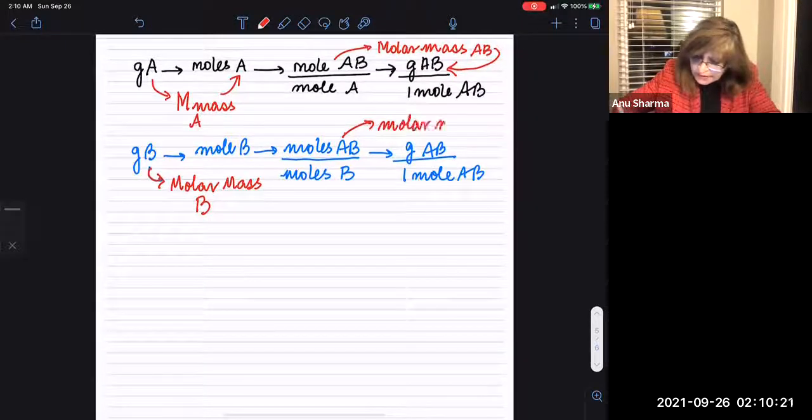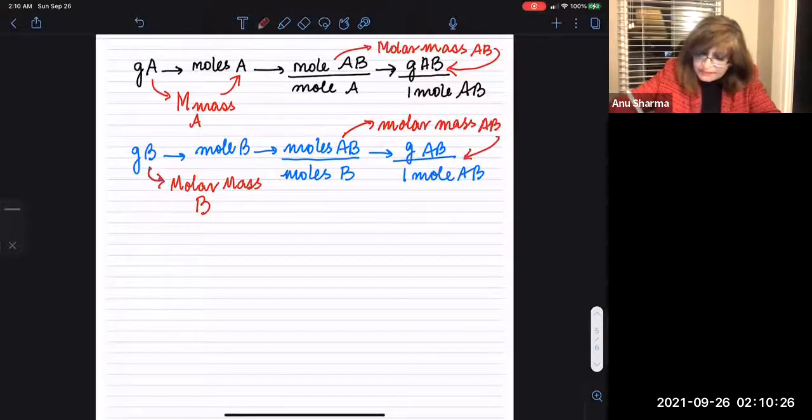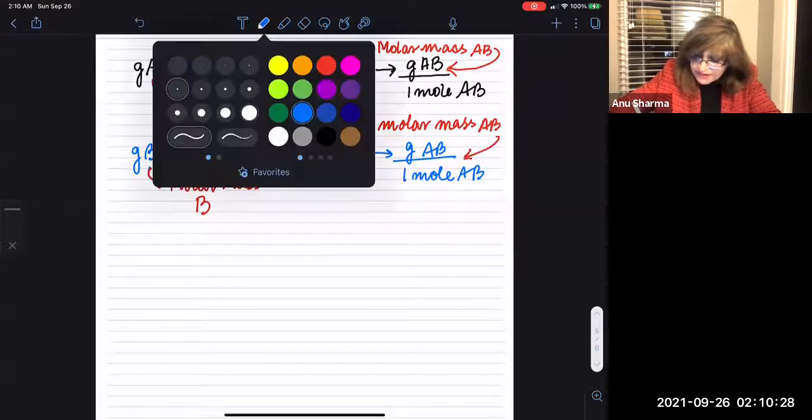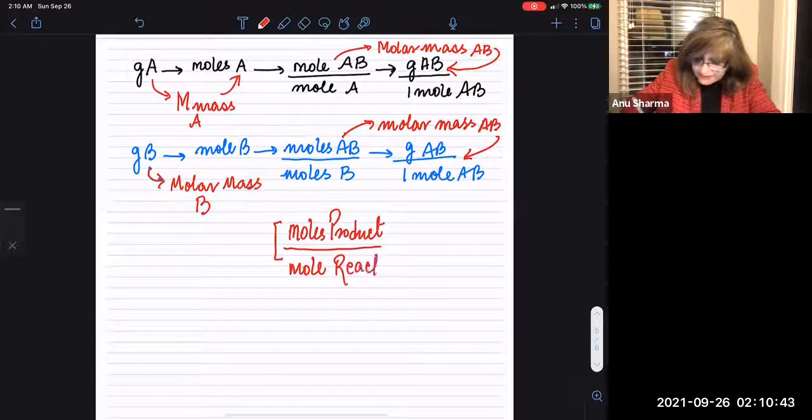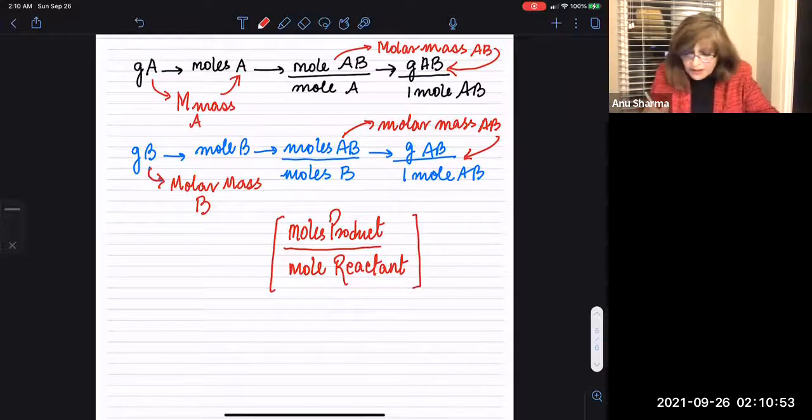So just keep in mind that this piece here in the middle is the molar ratio, the moles of the product over the moles of one of the reactants. Okay. So that's the very important part.